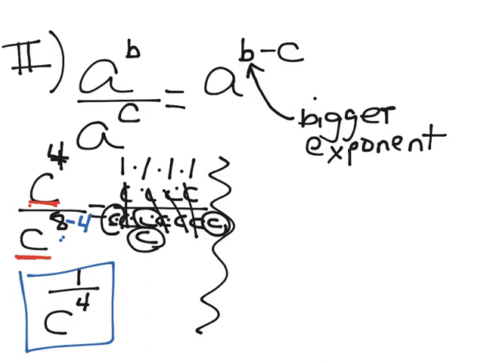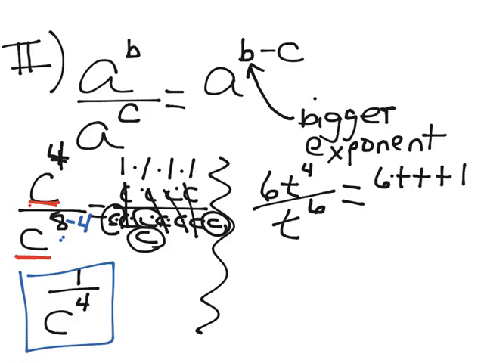Another problem that's a little different is 6t to the 4th over t to the 6th. Now, this problem means that there are 6 times t times t times t times t in the numerator.